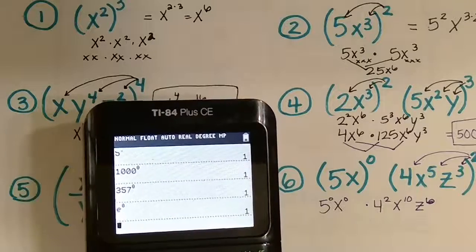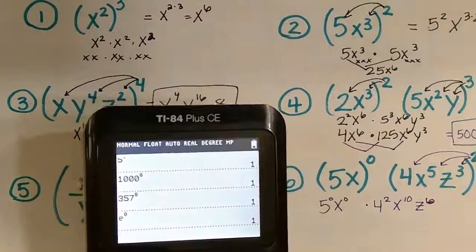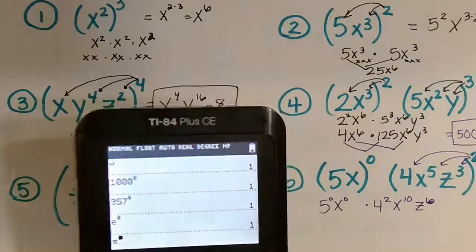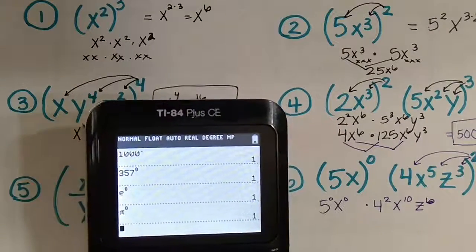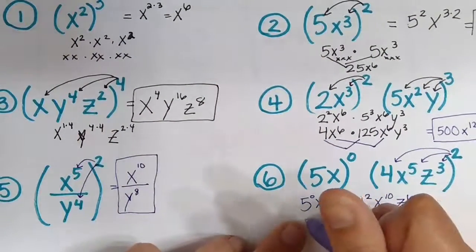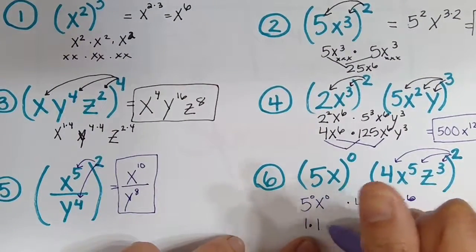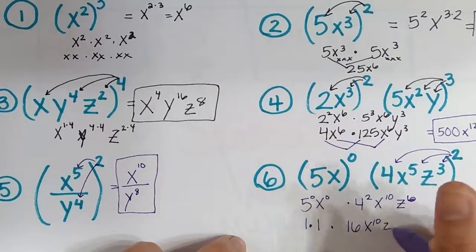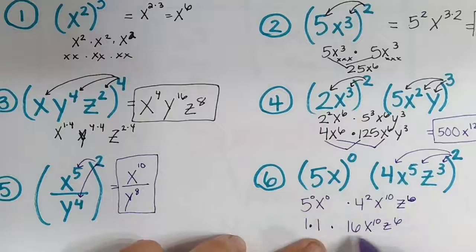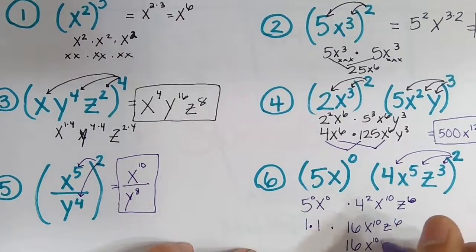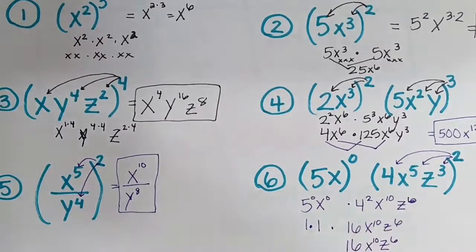E to the 0 power is 1. Let's see, pi to the 0 power is 1. Anything to the 0 power is 1. So here we have 5 to the 0 power is 1, x to the 0 power is 1, 4 squared is 16, x to the 10th, z to the 6th, clean it up. 1 times 16 is still 16, x to the 10th, z to the 6th.